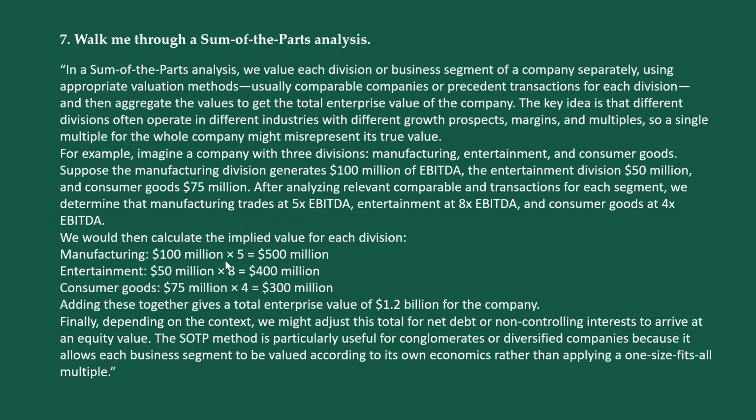So we would then calculate the implied value of each division. Manufacturing is 100 times 5, which is 500 million; entertainment at 8x EBITDA is 400 million; and consumer goods at 4x EBITDA is 300 million. We will add these all up and generate an enterprise value of 1.2 billion for the company.